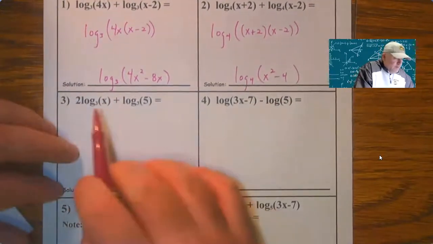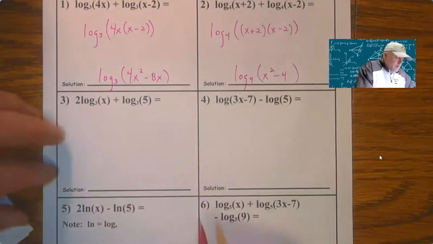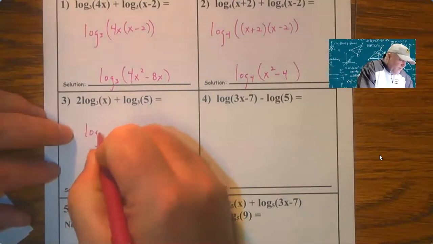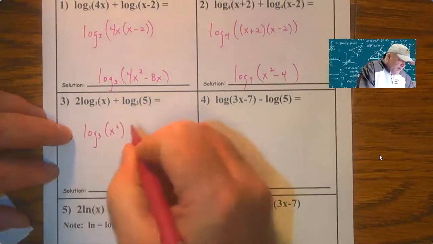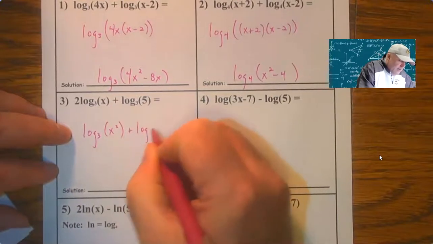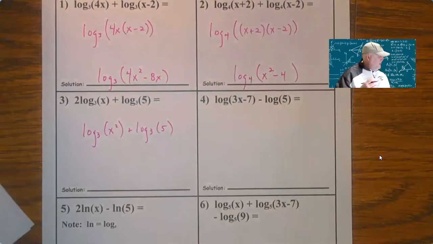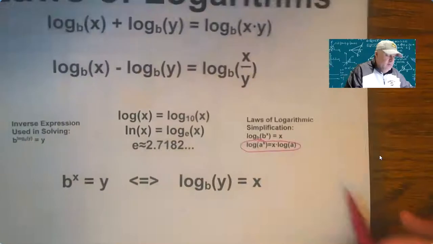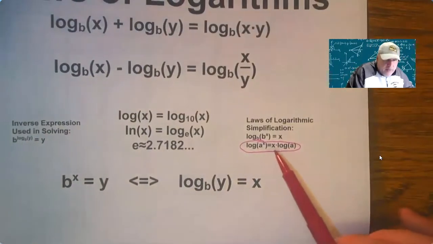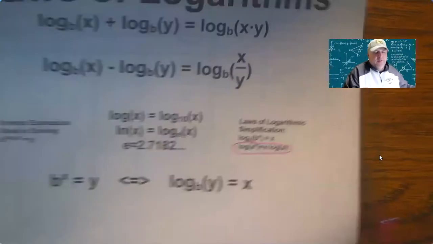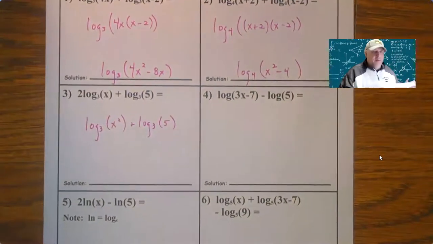All right, so you see this 2 here. If you have any coefficients, they must go inside as a power on the index, whatever's in there. So that is this guy right here. So it's the other way. When you have this coefficient, it's got to go as the power in the simplifying process.